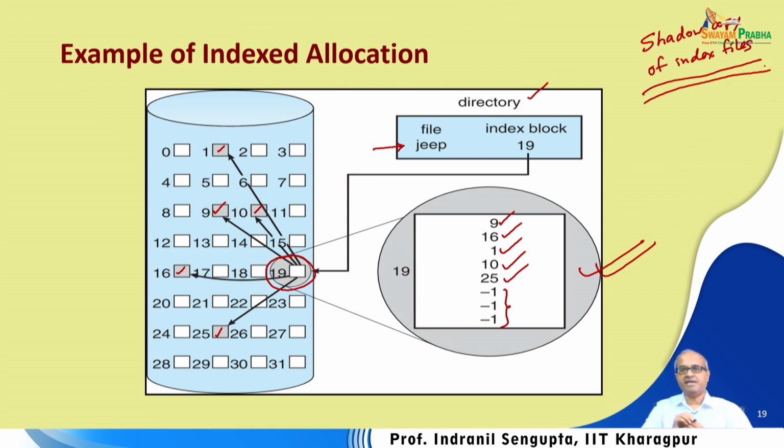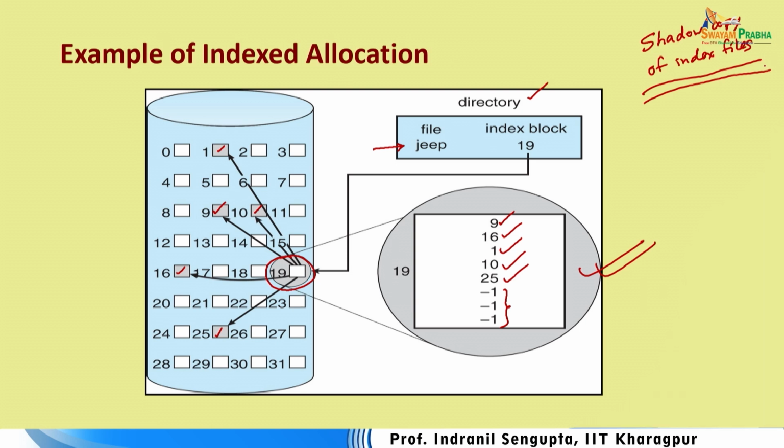The idea is that if an index file gets lost due to some disk corruption, the other copy may still be accessible. You can recover the file by accessing the other duplicate copy. Okay. This is generally the idea.